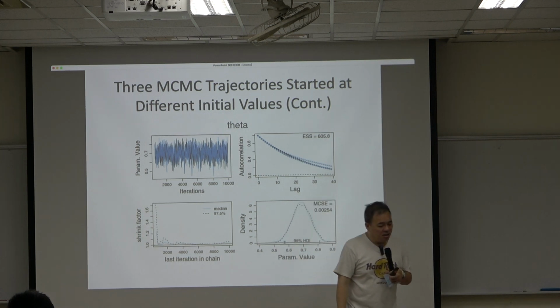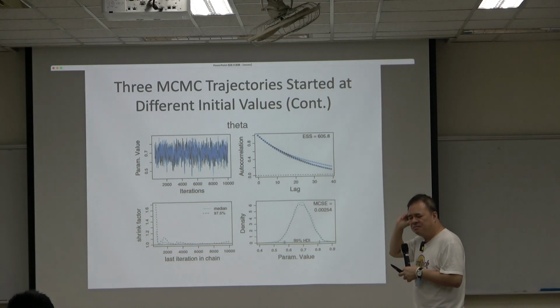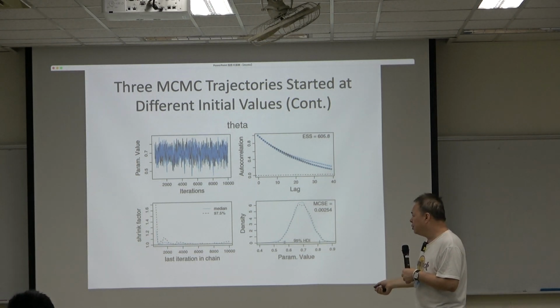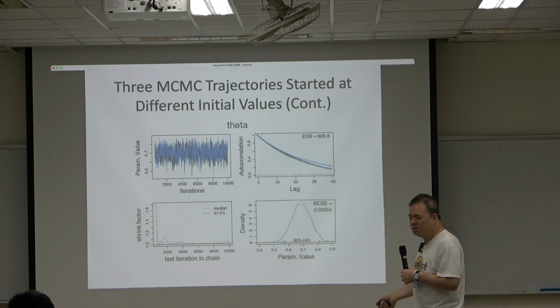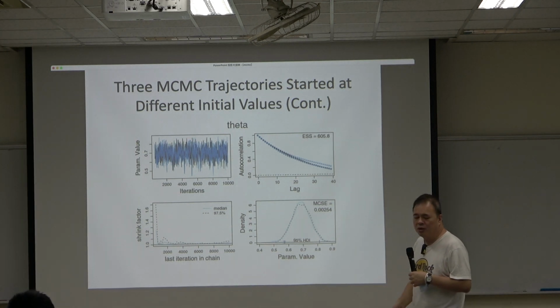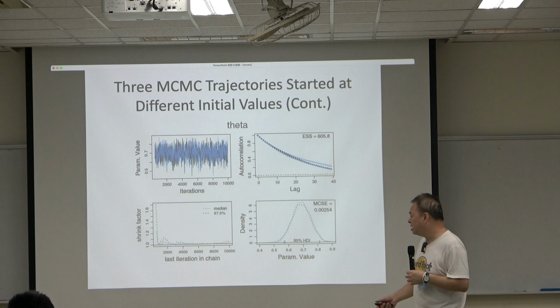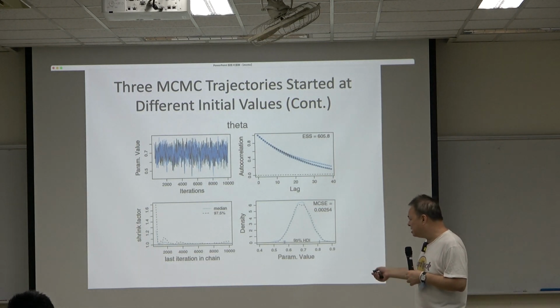But since this derivation takes some mathematical skill, we'll skip that. Even in Bayesian data analysis, they just say this has to be close to 1, and if it's larger than 1.1, you have an issue. But just that. It didn't actually talk more about this, so I will skip this part.